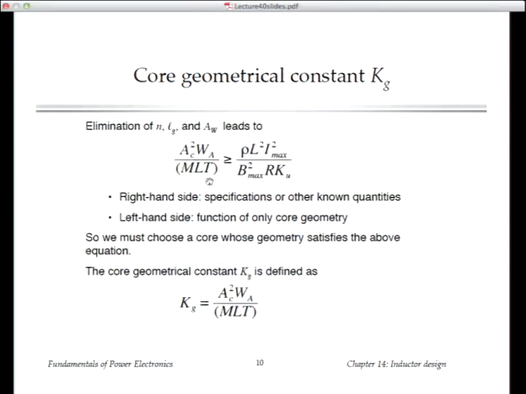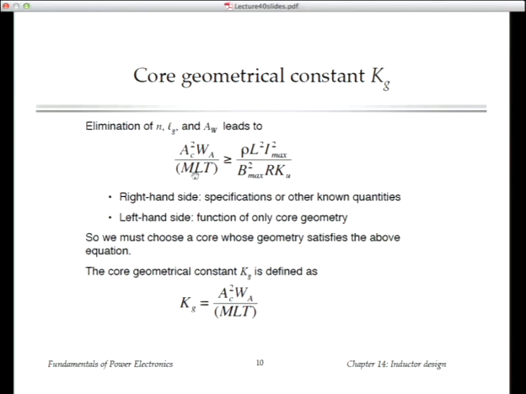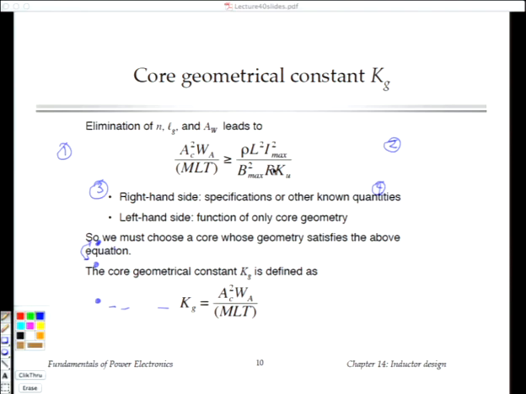If you do that, you eliminate the three unknowns at the bottom, then you put the first list on the left-hand side here, and you put the knowns on the right-hand side. You get this equation. So what we have to do is pick a core that satisfies this equation.